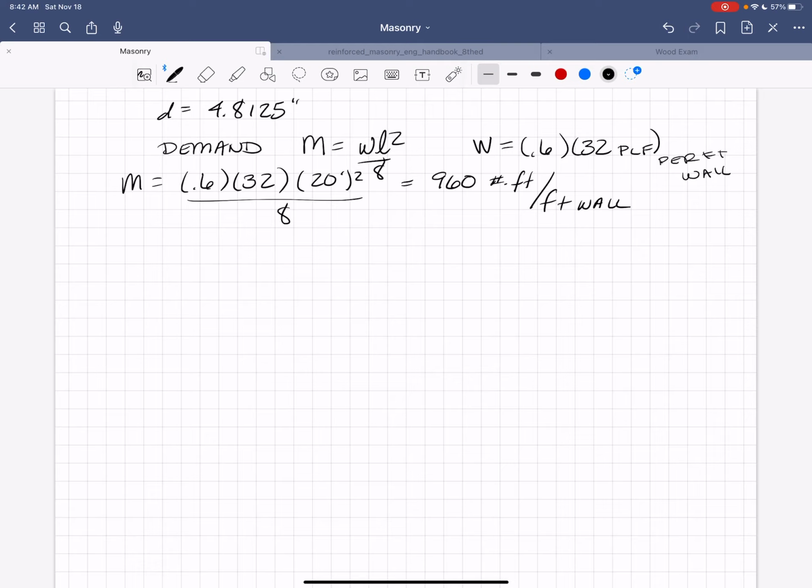So let's transfer this into per 4 foot of wall for purposes of treating this like individual beams, multiply by 4 feet. And now I have 3840 pound-feet per 4 foot of wall. Okay, so that's going to be my beam section.